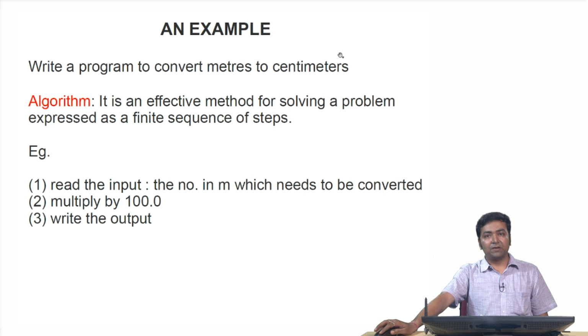For this example, the algorithm will look like this. You read the input, that is the number in meters which needs to be converted. To convert a number in meters to centimeters, we all know that we need to multiply it by 100. So, the second step is that the number which has been read in needs to be multiplied by 100, and the result needs to be written in the output.